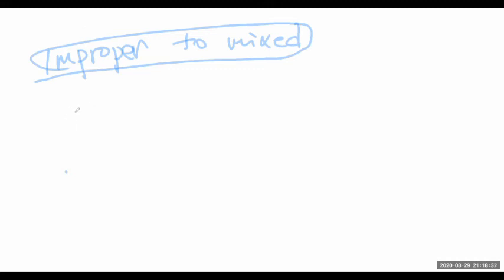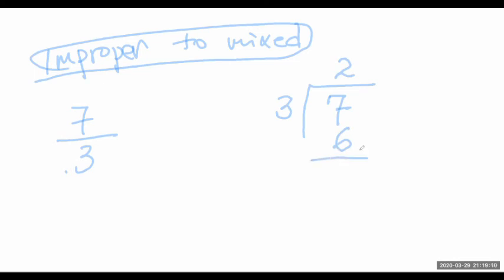So we got say 7 over 3. The way we do it is we put 7 inside, divide by 3, right? How many times does 3 go into 7? 2 times. 2 times 3 is 6. 7 minus 6 is 1, right?